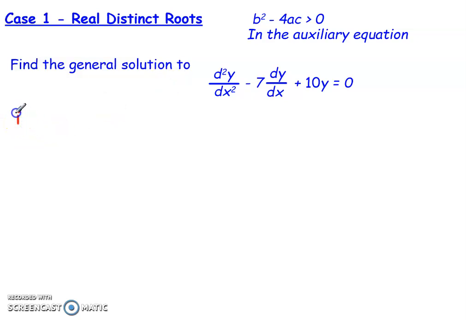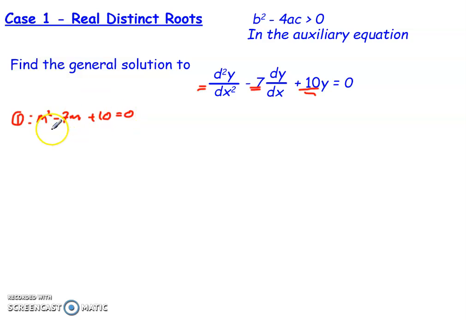So step 1 is we have to write down our auxiliary equation. This is actually quite straightforward because all you do is look at the coefficients of each part dependent upon y. So this here's a coefficient of 1, this is -7, and this here's 10. So I can write my auxiliary equation as m squared minus 7m plus 10 equals 0.